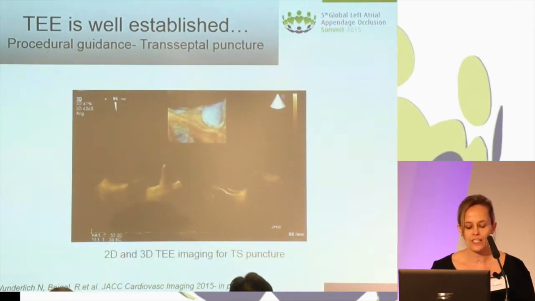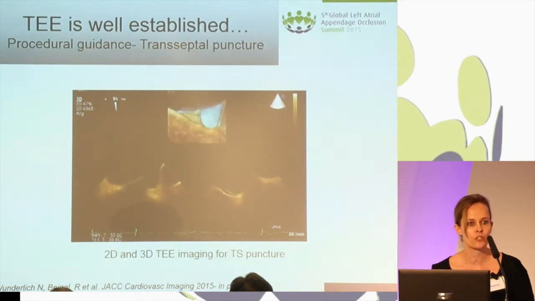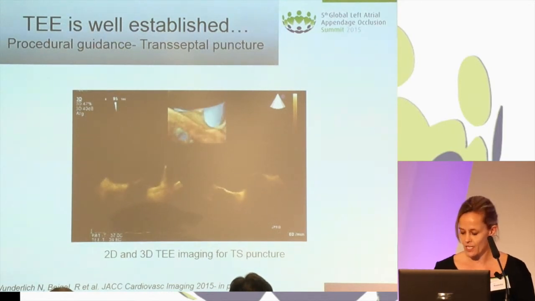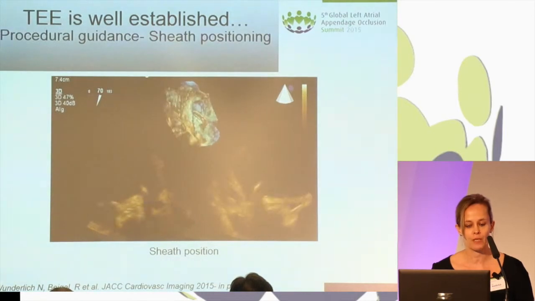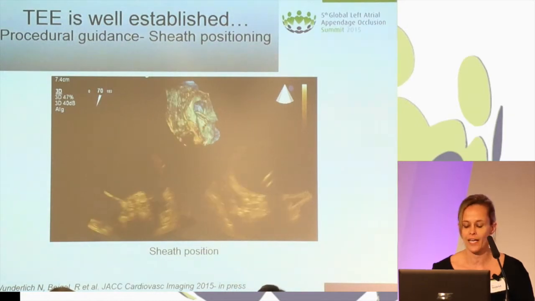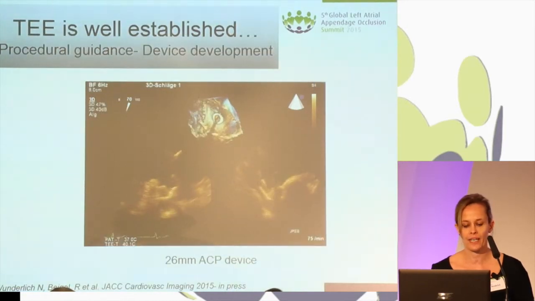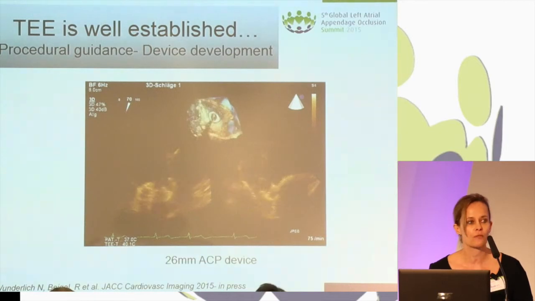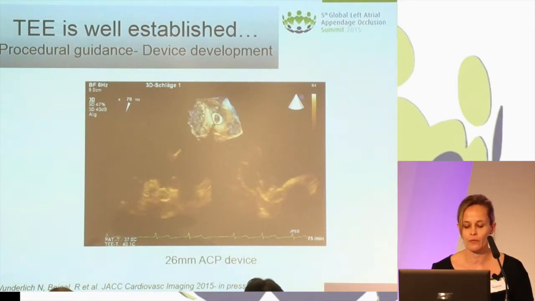So TEE is also well established for the procedural guidance, as we see here. We have 3D and 2D imaging in one image, and this can help to guide your transseptal puncture. We use TEE to guide our sheath position and to judge the alignment of the sheath in the left atrial appendage. And as we can see here, we can very nicely observe the deployment.